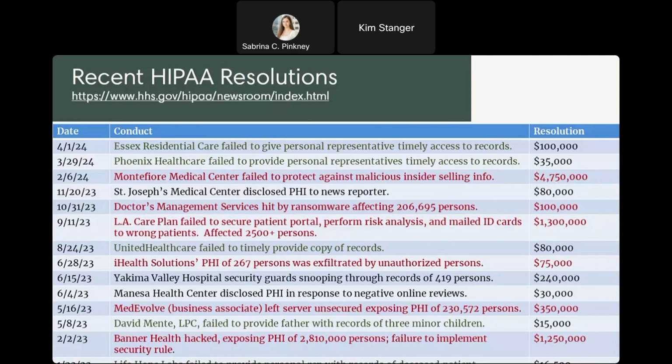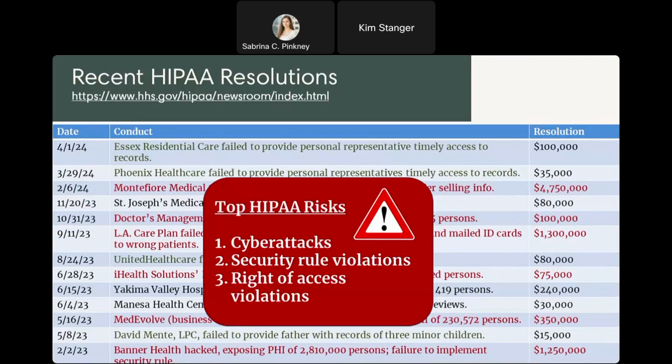Here's a summary of some of the recent settlements over the past year or so. I wanted to bring this up for a couple of reasons. If you look at the types of conduct that's resulting in the penalties, it's pretty clear that the most important one are cyber attacks. It used to be that you would get a pass from the government for cyber attacks, but as of a couple of years ago, the government has started to impose penalties for ransomware.